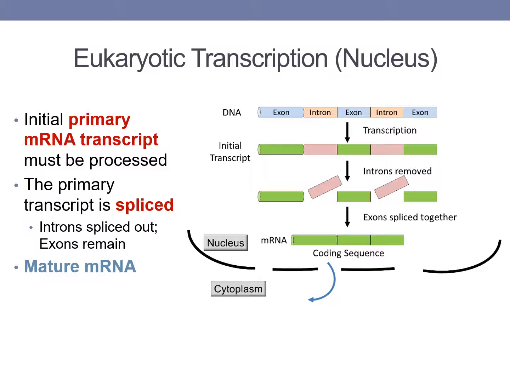So in eukaryotic transcription, so transcription of eukaryotic genes, there is an initial primary transcript that's made. So if this is the DNA, a strand of DNA containing the gene that's going to be transcribed, it consists of exons and introns.